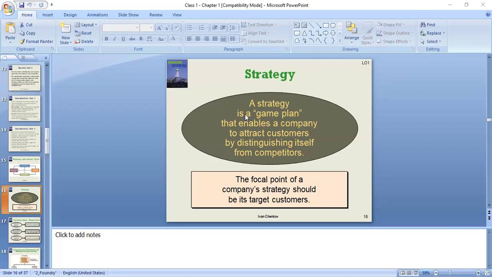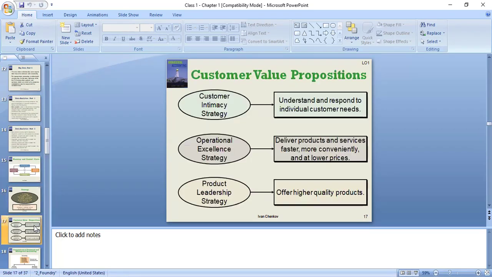Now, what kind of options for the strategy do you have? That's a different story. But of the three main options, you can go with the customer intimacy strategy, the operational excellence strategy, or the product leadership strategy. Those are a little bit more extensive, so we're going to limit it to only two, and I'm going to tell you which two.